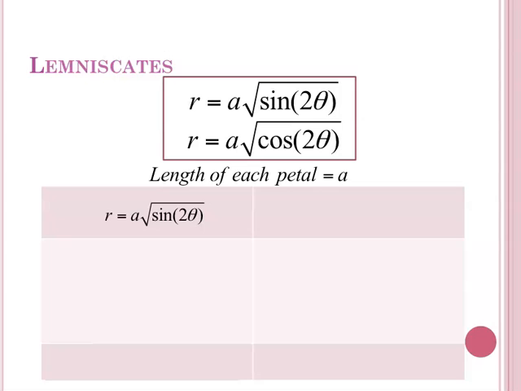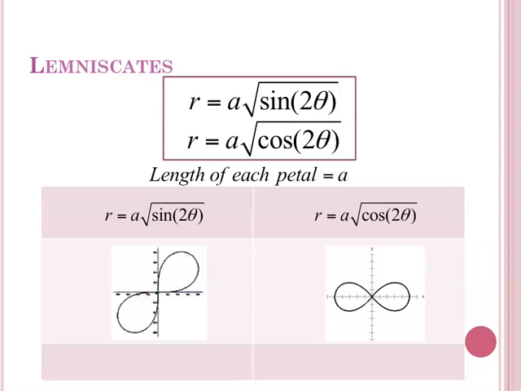Okay, so for the first one with sine, our graph is going to look like this. And with cosine, our graph is going to look like this. Really the only thing that's going to change here is the value of a, and that will just change how long the petal is. In terms of the way it's facing, it's always going to be the same.